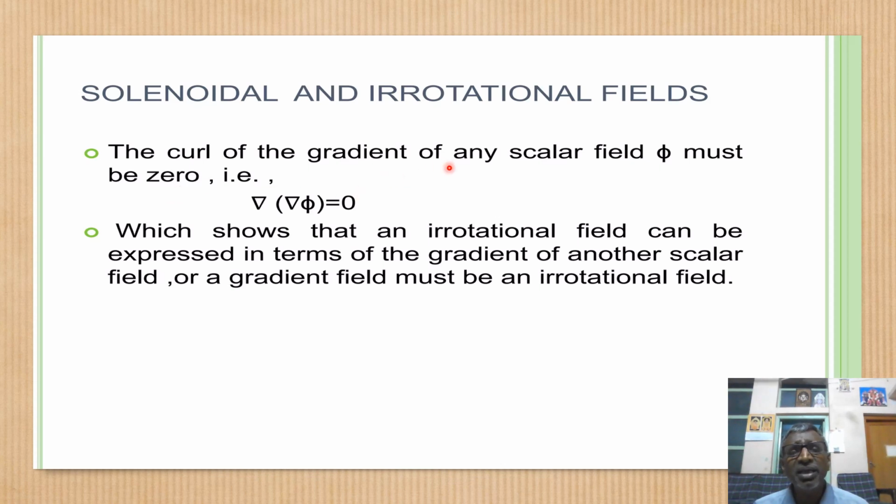The curl of the gradient of any scalar phi must be 0. This is a property once again, and it can be shown that del cross del phi is equal to 0, which shows that an irrotational field can be expressed in terms of the gradient of a scalar field, or that a gradient field must be an irrotational field.